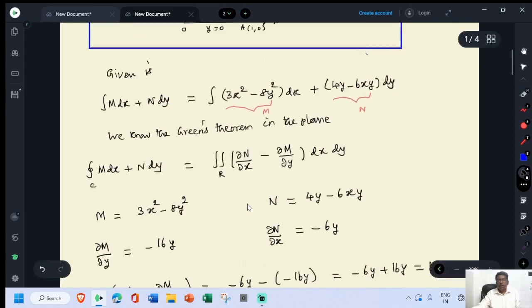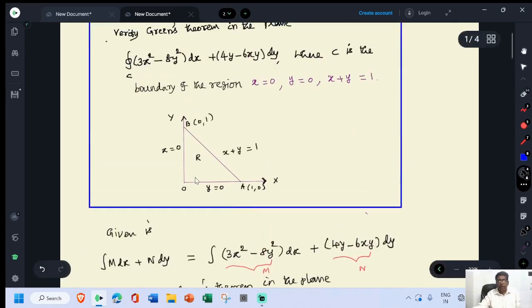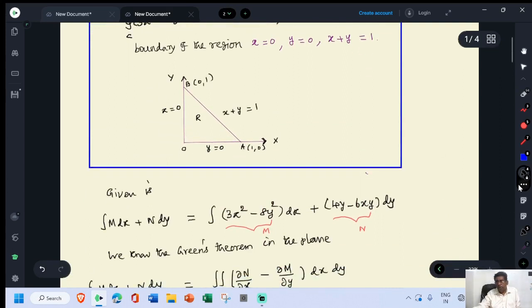To find the limits, come to this diagram. Draw a strip parallel to the x-axis, say from the origin. This is the strip.